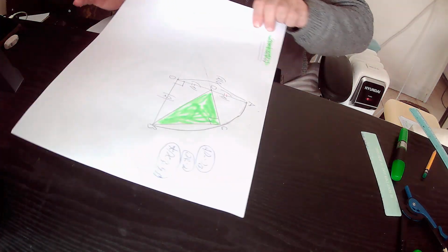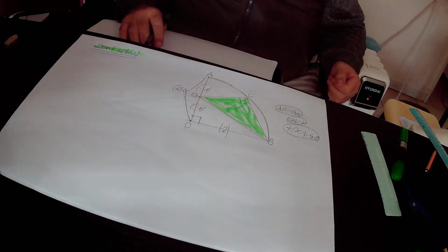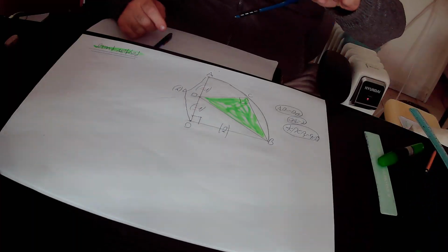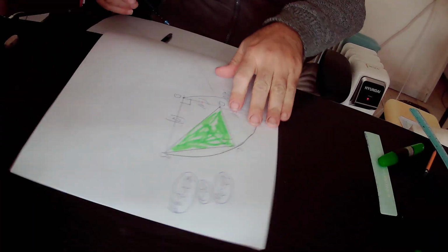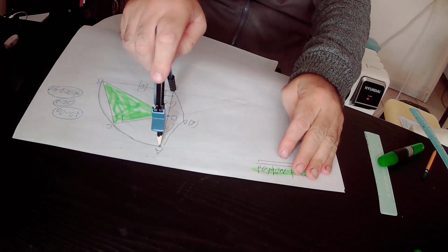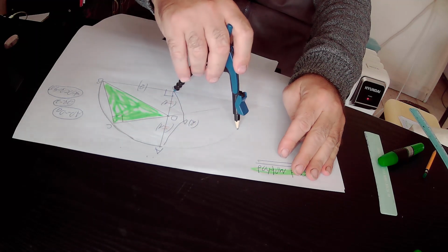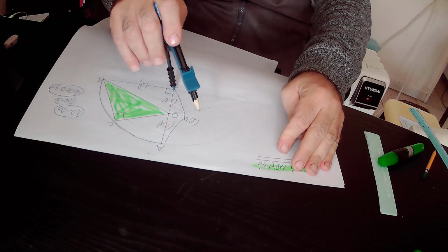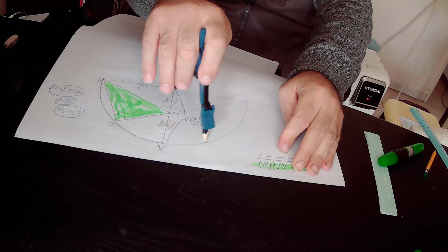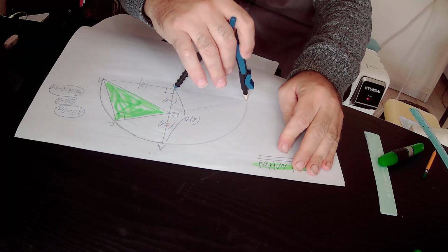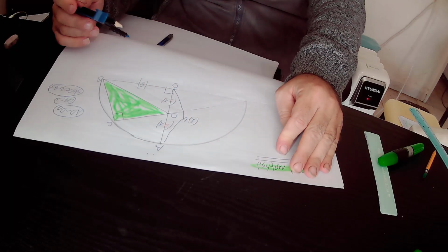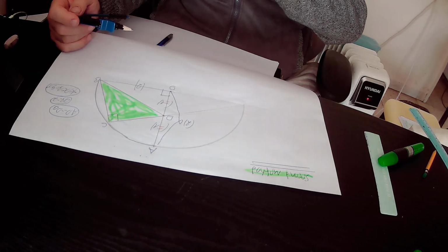In the next step, we will complete this quarter circle to a semicircle. And we'll extend the radius BO by a side line until it touches the semicircle.